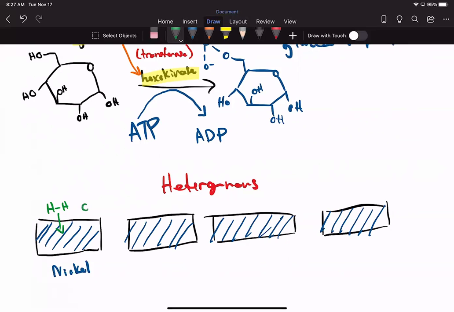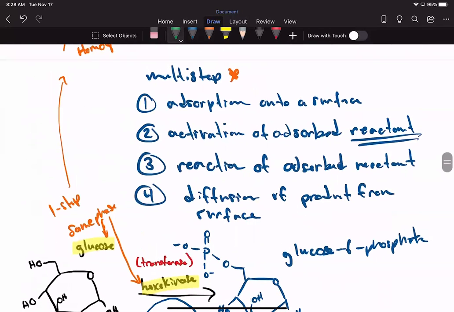And then let's take some ethene over here, and that's also going to absorb on the surface. So that is step one, right? Absorption onto a surface. So we see the ethene there and the hydrogen absorbed to the surface. And being absorbed to the surface is just kind of like they're stuck there.